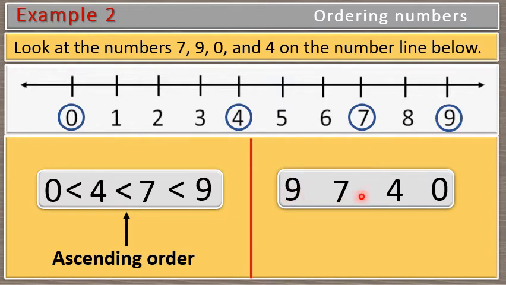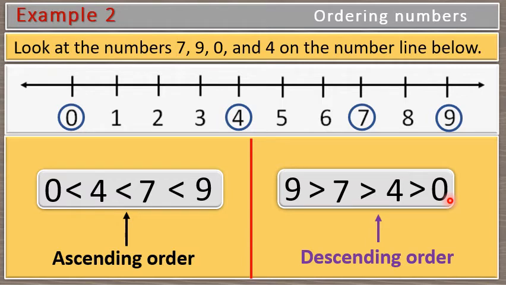So now we have arranged the given numbers in decreasing order, and if we put the greater than symbol between these numbers, we have arranged the numbers in descending order. I think it will be simpler and easy to remember and follow.